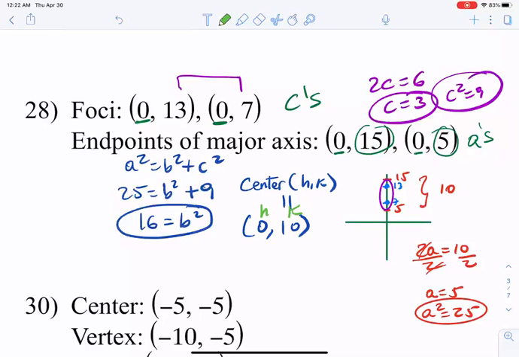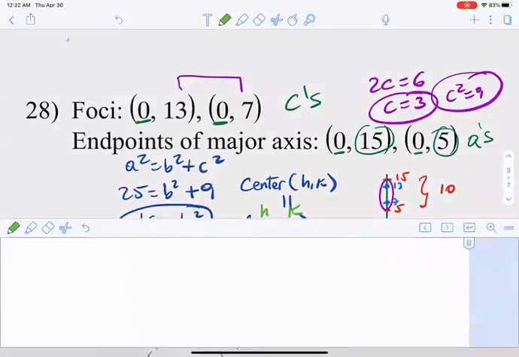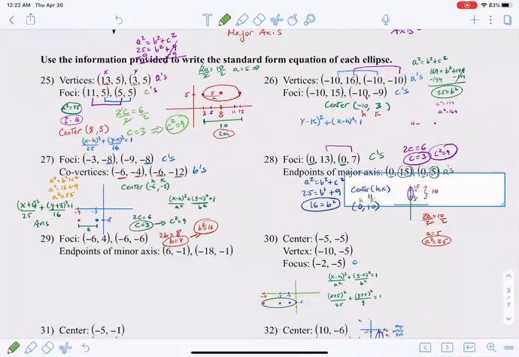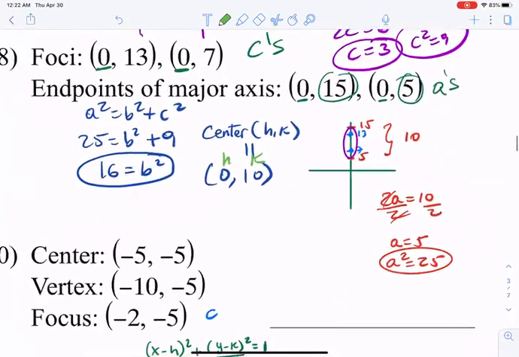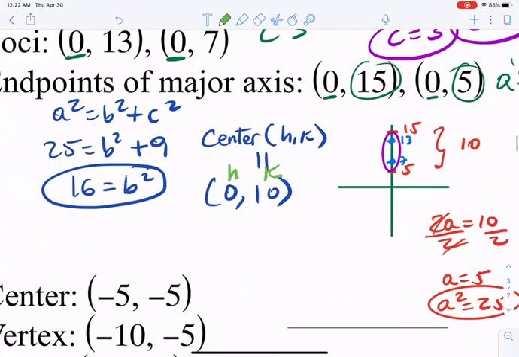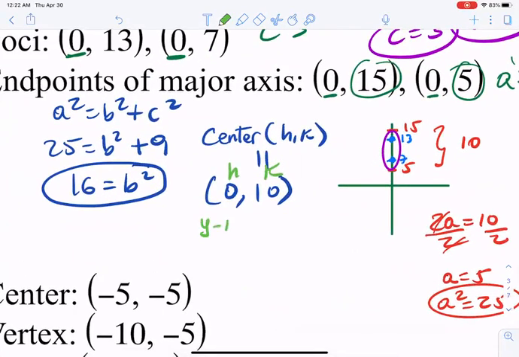Now I need to write the equation. What's the equation? This is a vertical major axis. I'm sorry about that. I don't know how that happened. So this is a vertical major axis. So that's going to be (y minus K) squared plus (x minus H) squared equals 1. So what's A squared? A squared is 25. Let's put that A squared here and B squared. Remember that A goes with the major axis. In this case, the major axis is vertical, right?